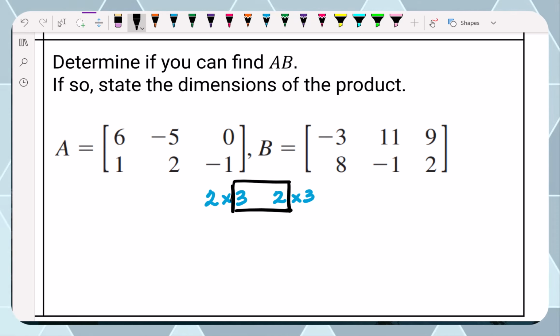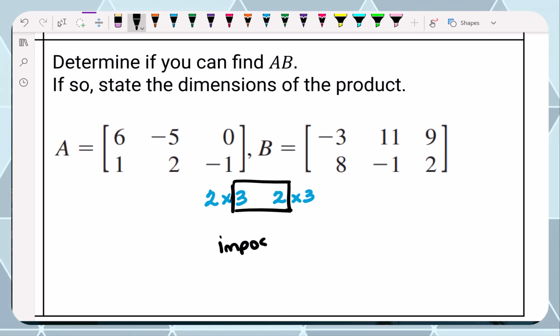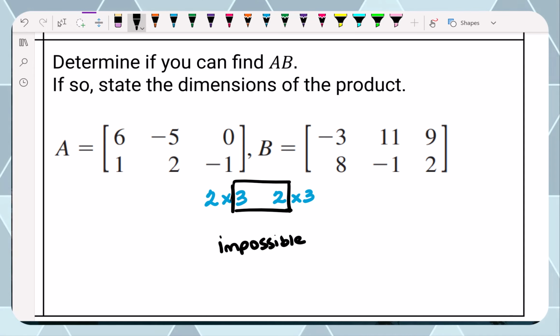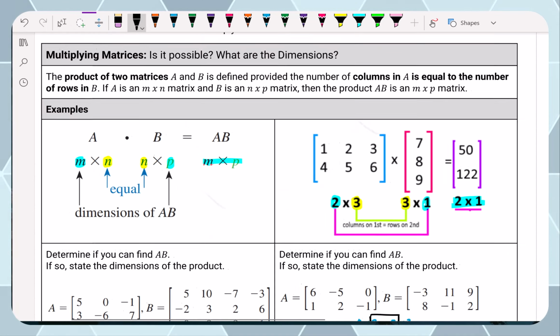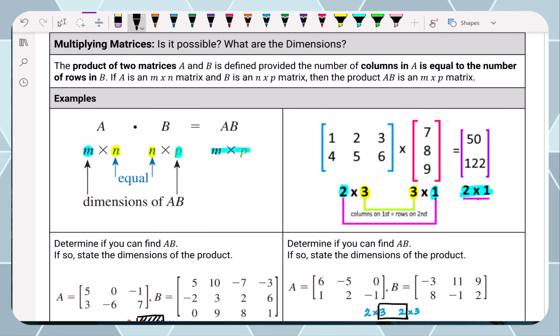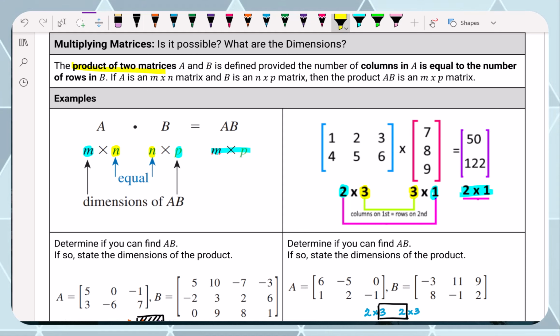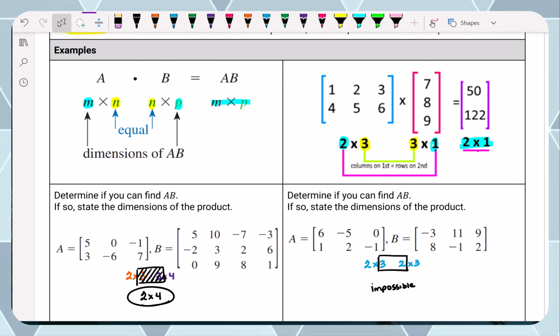You've got to make sure that the columns of your first have to match the rows of the second. So this is actually another impossible problem to do with matrices. Just to reiterate one more time, make sure that the columns of the first matrix equal the number of rows in the second one, okay? And the result would be what is left over.